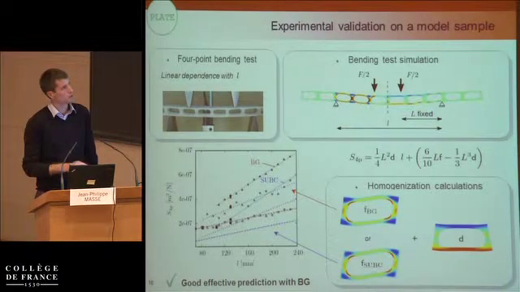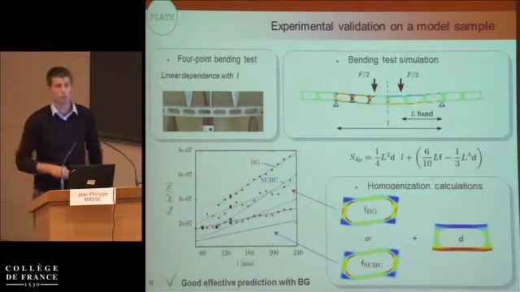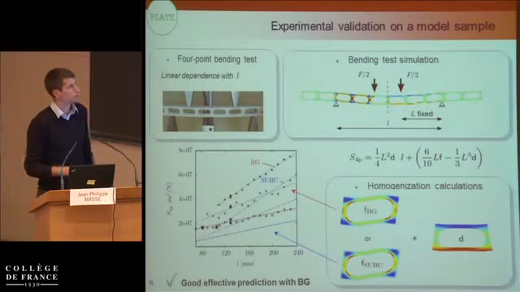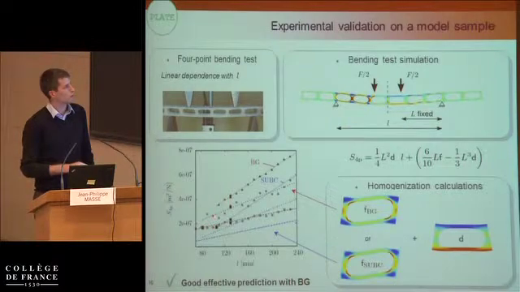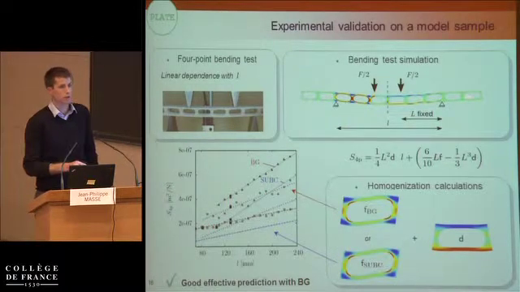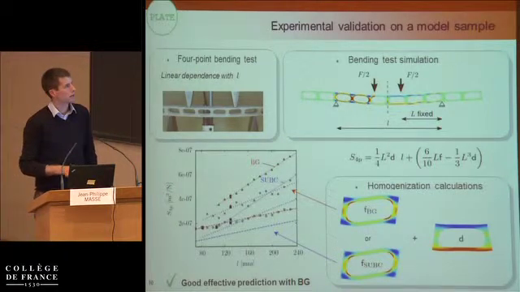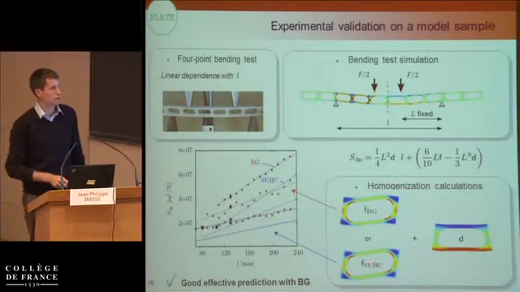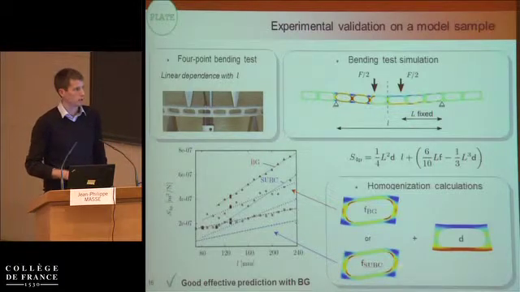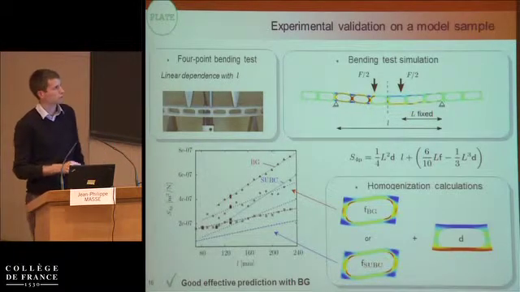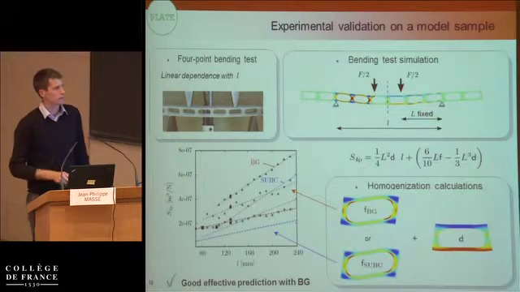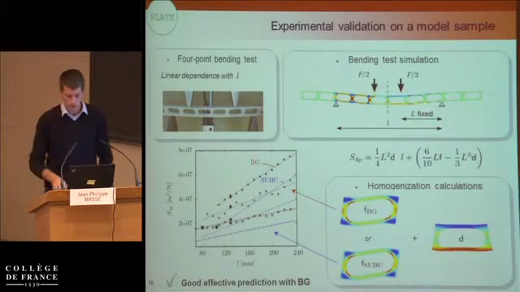The points are simulations on the complete architecture panel. We see some oscillation due to the position of the indenters with respect to the architecture. The lines are the computations on the unit cell with the two calculations I presented: uniform static boundary conditions and bending gradient. We can show that it validates this homogenization calculation with bending gradients. That works pretty well.